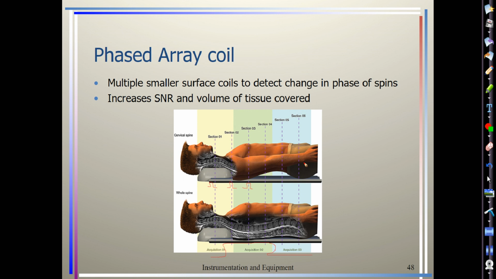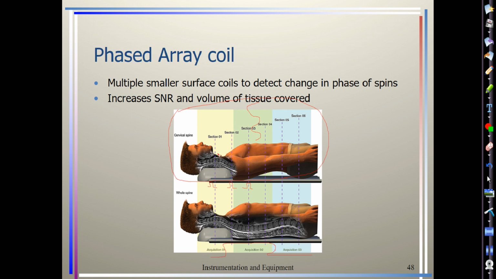So most spine phased array coils are designed in a way where if you just want to image the C-spine, you activate just sections 1 and 2. Because you remember that body coil is surrounding the patient completely, so you're transmitting energy into the patient wherever that body coil is over top of.